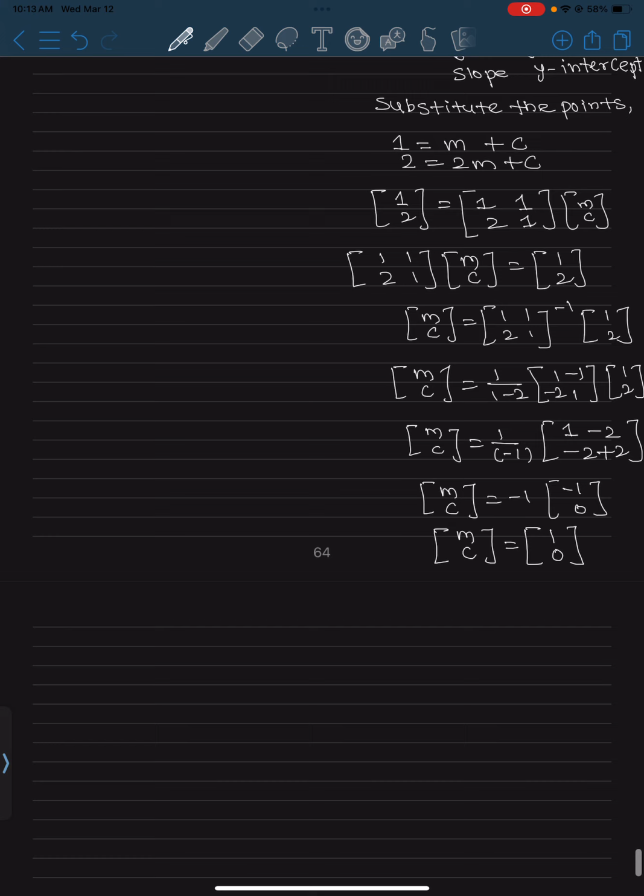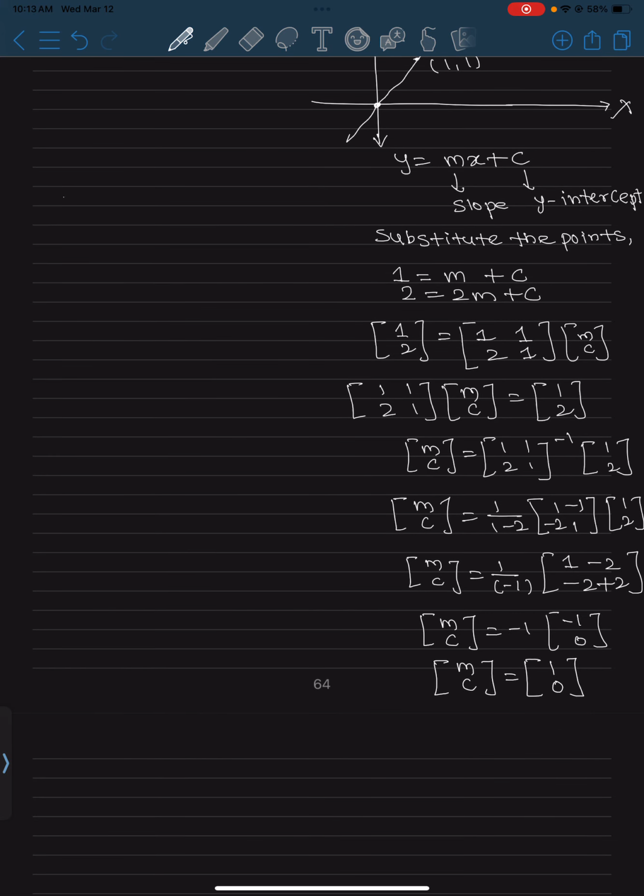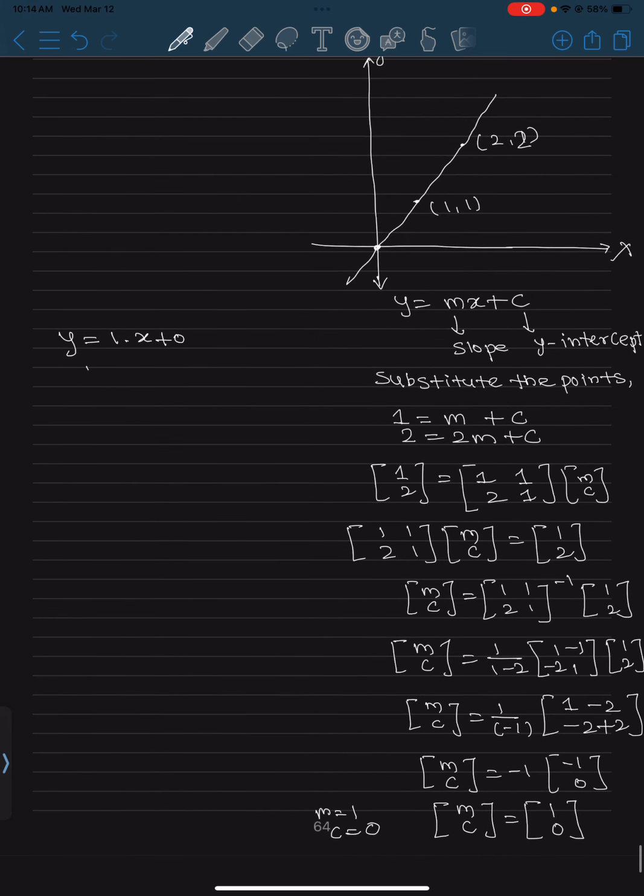Now since we know m and c, m is 1, c is 0. So y equals 1 times x plus 0. Our equation is y equals x. So this was easy, right? Even though we didn't know the formula, we just used linear algebra, and it could be solved easily.